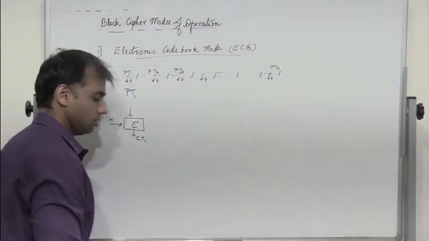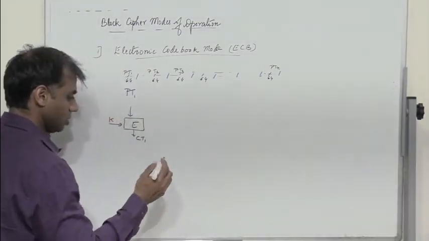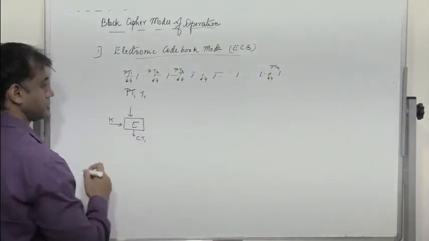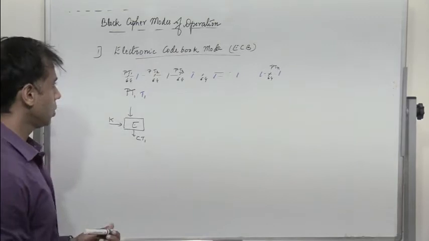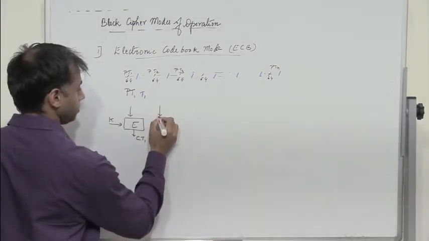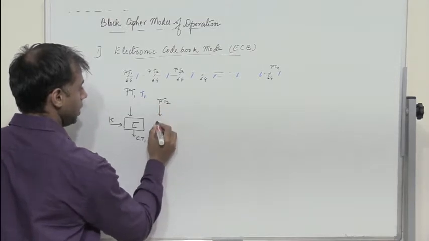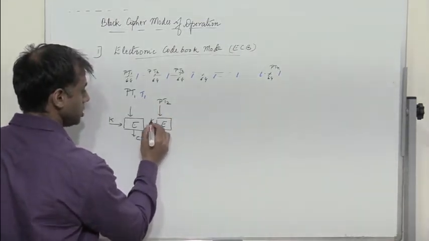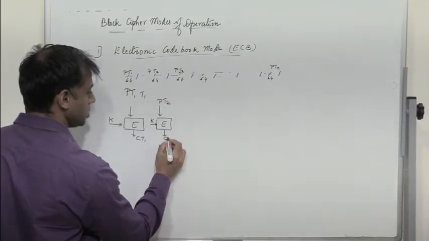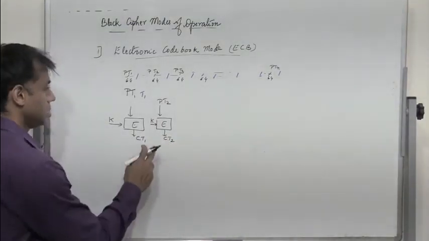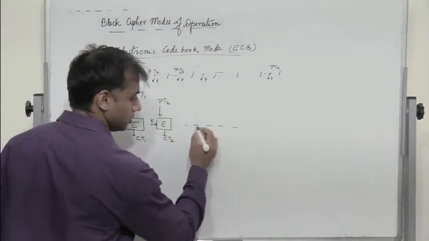This happens in the first time segment, let me call this T1. Next, we consider the next block of plain text, PT2, and give it to the encryption algorithm, which uses the same key K to produce the next block of ciphertext, CT2, and so on.